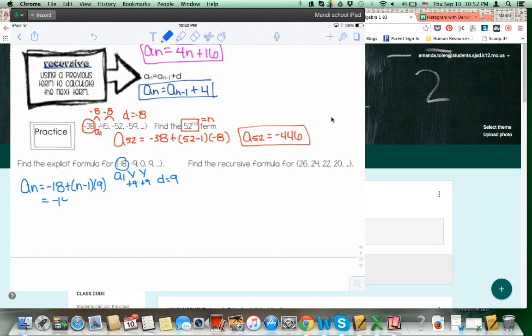So that's negative 18. Distribute in the 9. So that's 9n minus 9. Add your like terms. So that's 9n. And negative 18 minus 9 is negative 27.